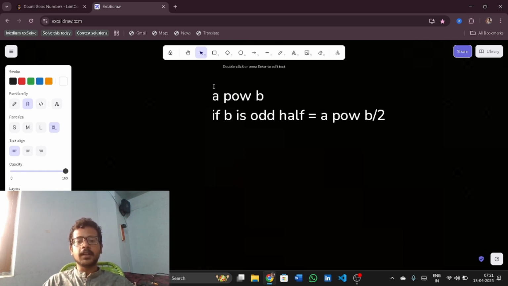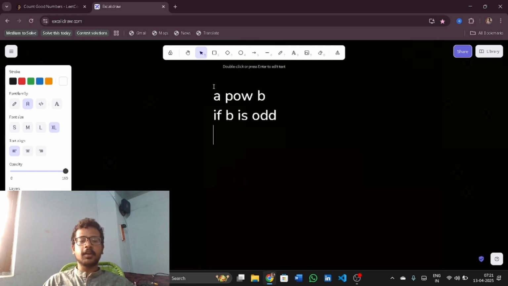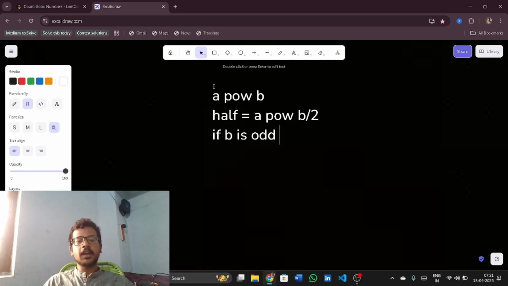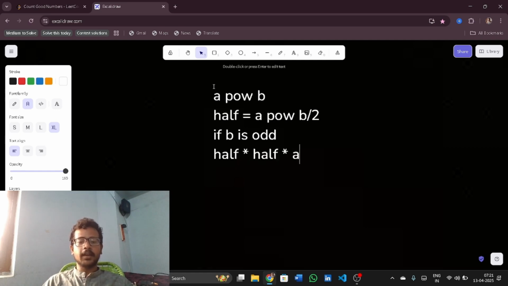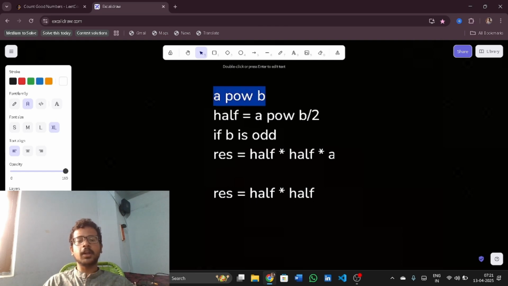Let me write this half previously, and then if b is odd, half into half into a will be our result. If not, the result will be half into half. That's it. This is the whole algorithm for a power b.